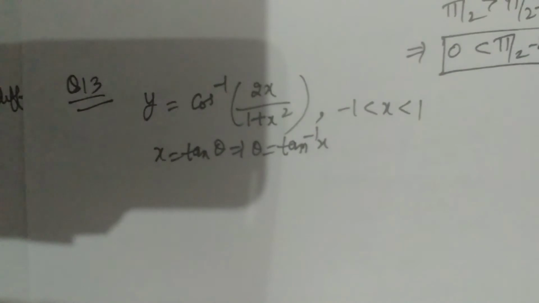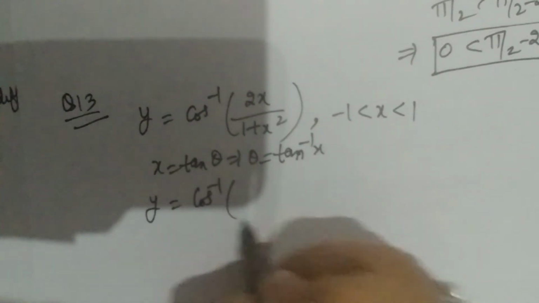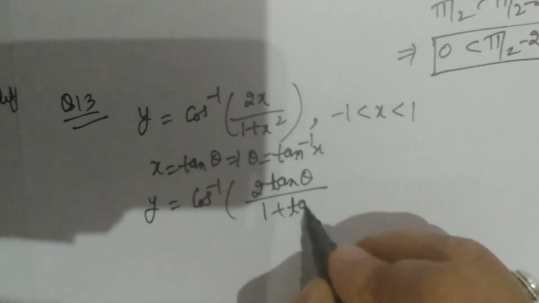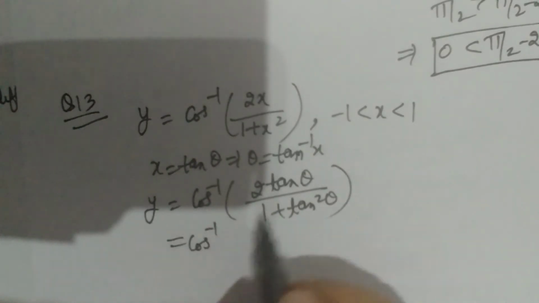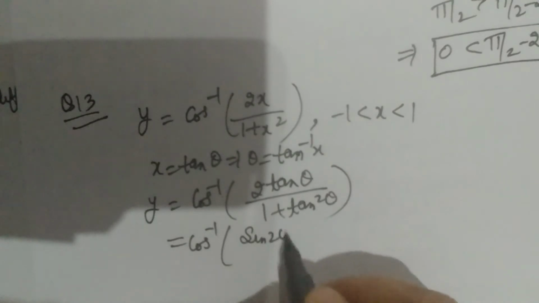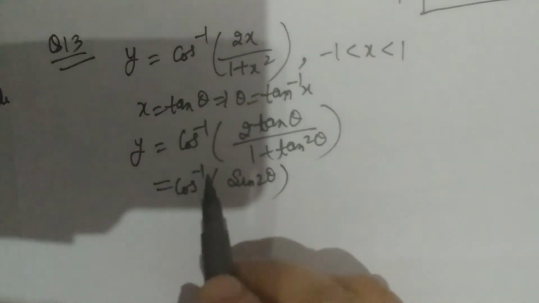Now it becomes y is cos inverse of 2 tan theta upon 1 plus tan square theta. Remember, this is not the formula for cos; this is the formula for sine 2 theta.